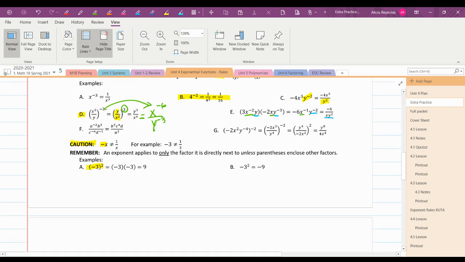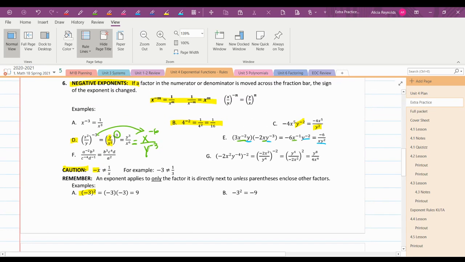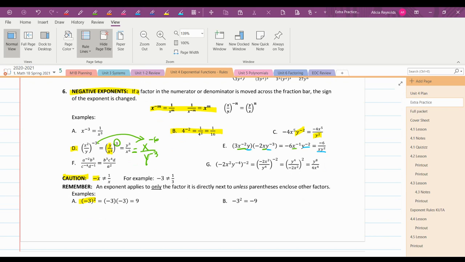So more often than not, in our notes, we will see, and my pen is being difficult again. More often than not, if we have a negative on the outside, it will be outside the parentheses.